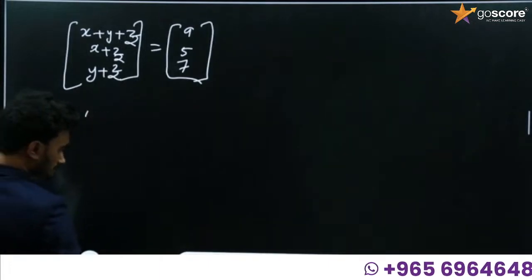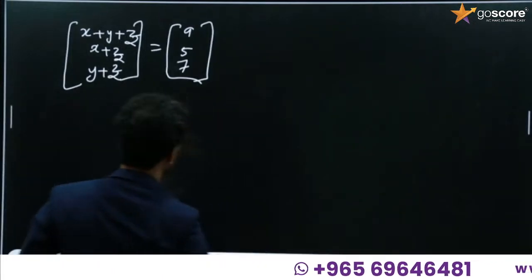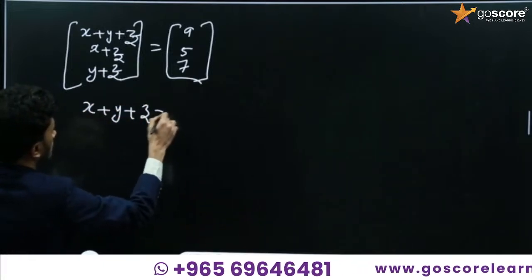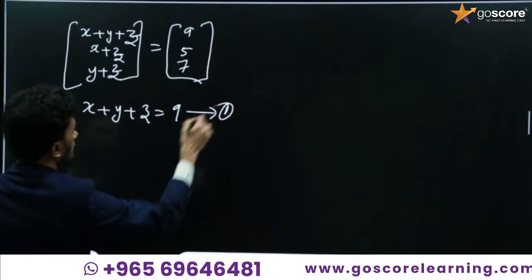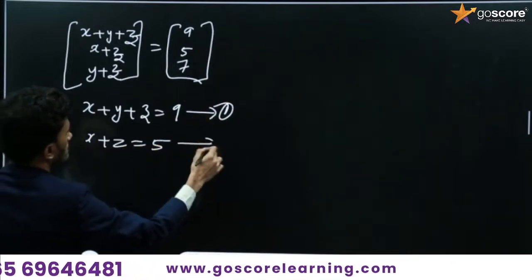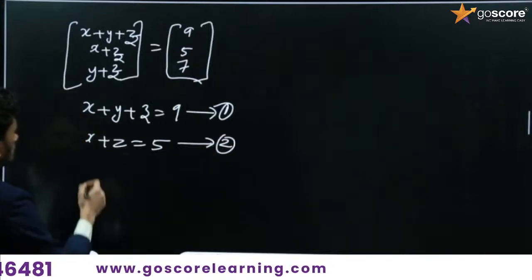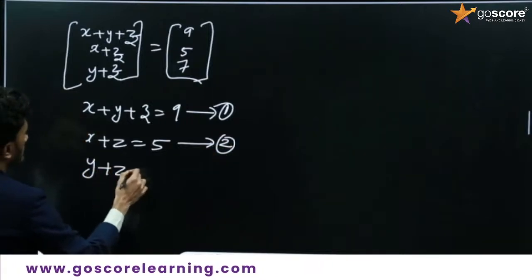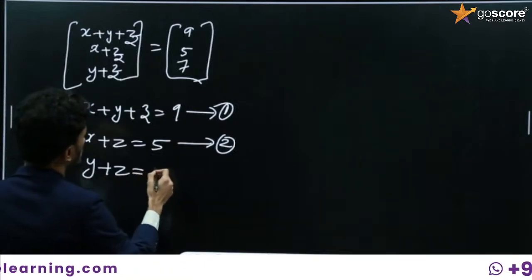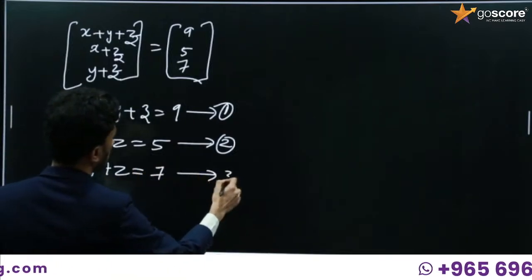So x plus y plus z is the first equation: x plus y plus z is equal to 9, equation number 1. Then x plus z is equal to 5, equation number 2. Y plus z is equal to 7, equation number 3.